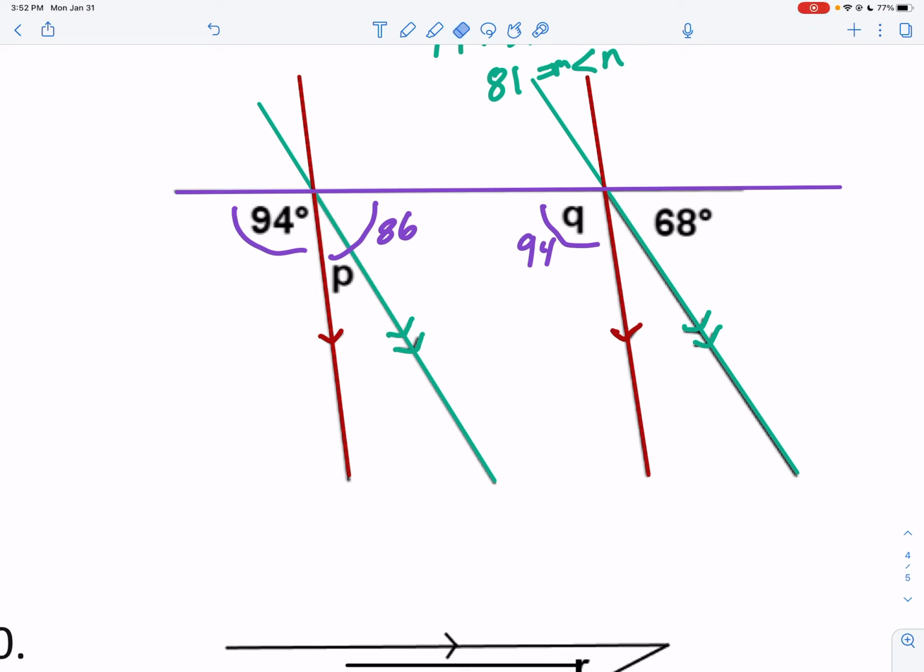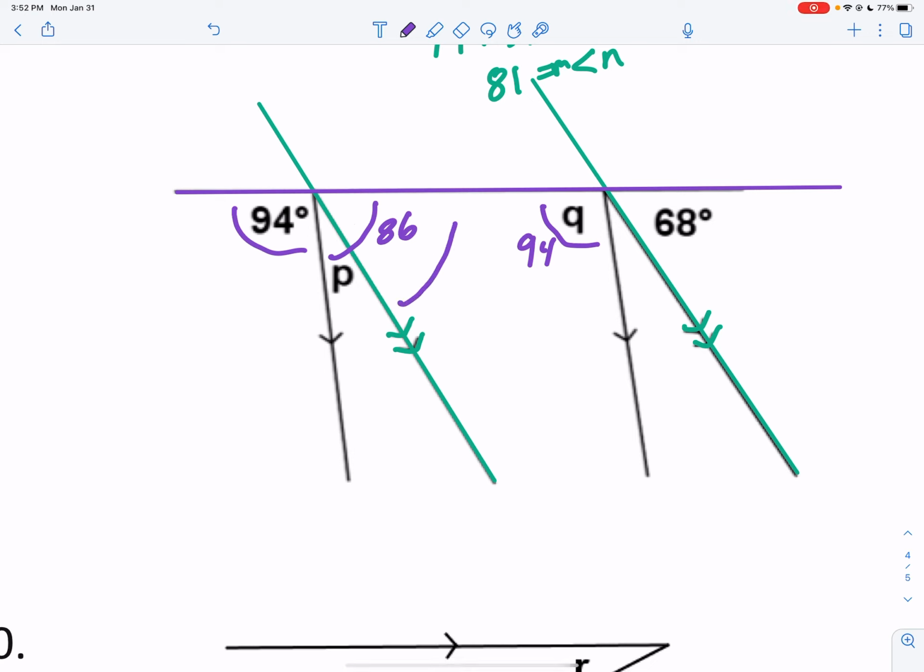So let's stop looking at our red lines for right now, because we can't find P, we just want to use what they've given. So 68 is this one. Let's look at our teal lines now. Let's ignore this part. We don't need the red lines anymore. Let's just look at our teal lines hitting that transversal. Notice this is 68. But notice this part, not the entire 86 that we figured out a little bit ago.